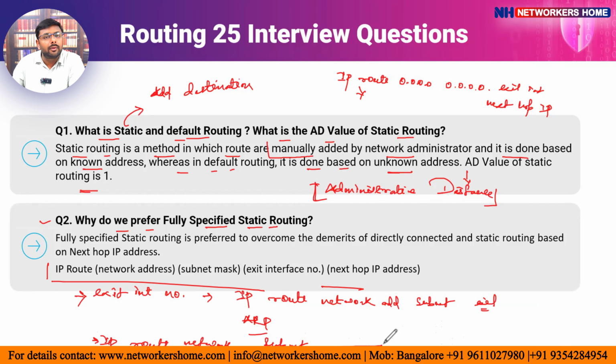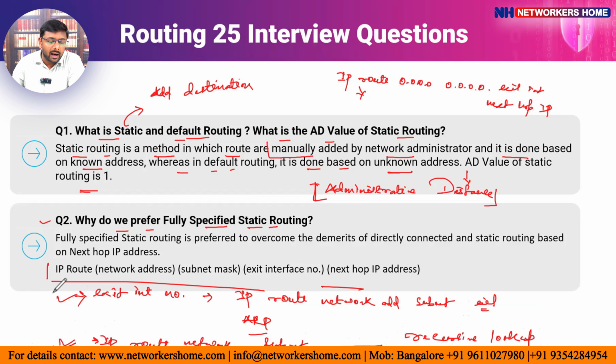In this type of static routing command, the problem is recursive lookup, meaning the router has to check its routing table two times to reach that particular destination. So in one we have a problem of ARP, and here we have the problem of recursive lookup.